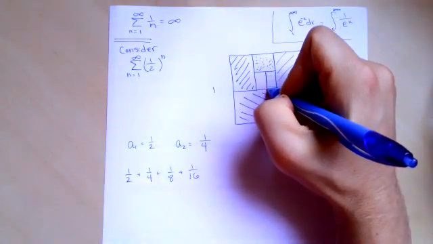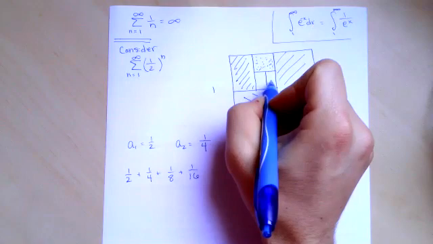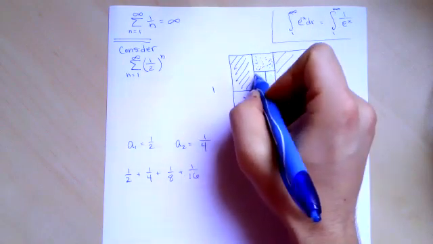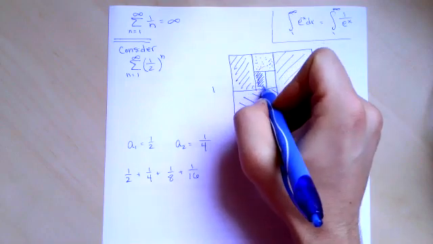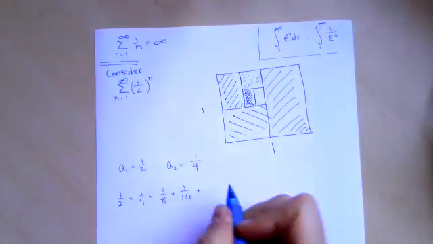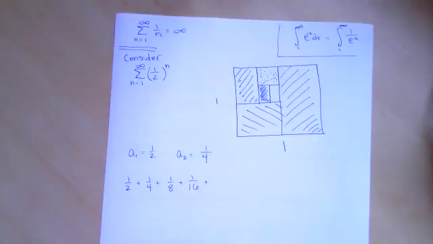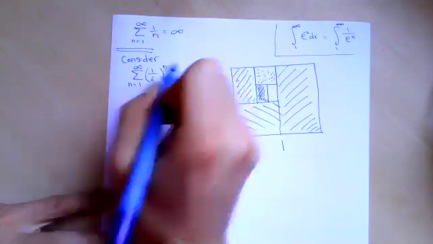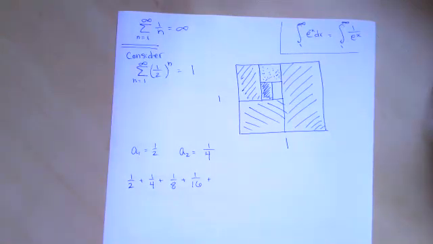What's going to happen as I do this an infinite number of times? Let's do this one. What's the total area we get? We get a total area of 1.